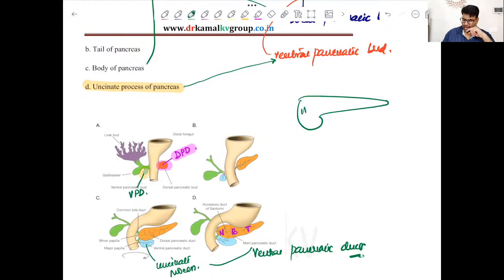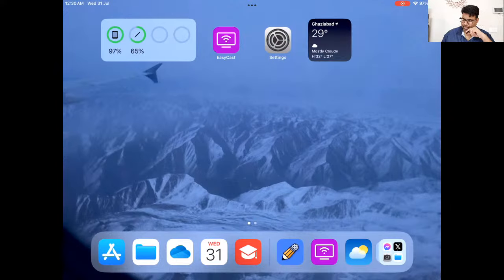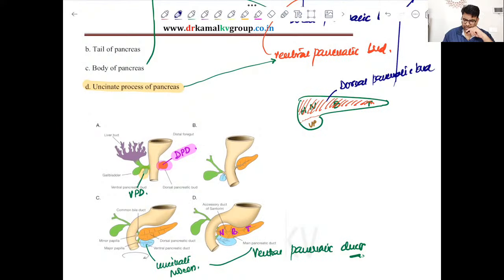Because if you look at the anatomy of the pancreas, head, neck, body, tail, and this is the uncinate process, right? So you can just divide it like this. This whole area is the derivative of the dorsal pancreatic bud. And this is the uncinate process, which is the ventral pancreatic bud.